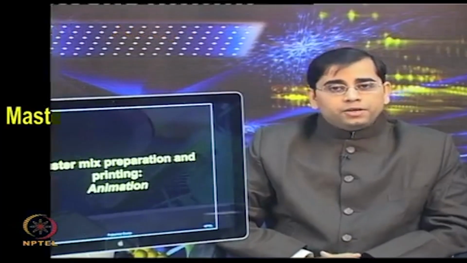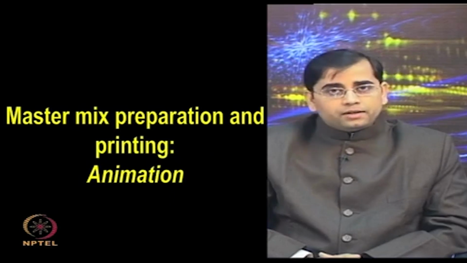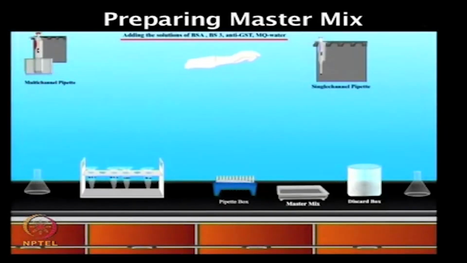So, let me show you this animation to explain the procedure for master mix preparation as well as the printing procedure. Prepare enough master mix so that you can do printing for a large number of arrays.